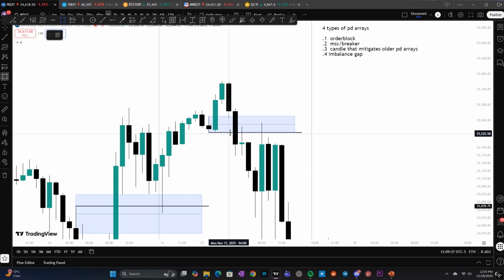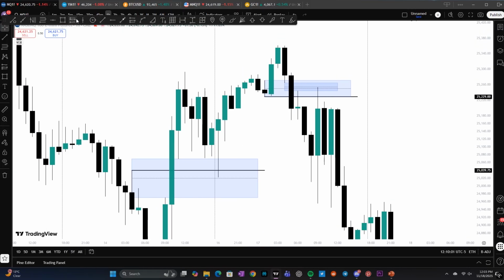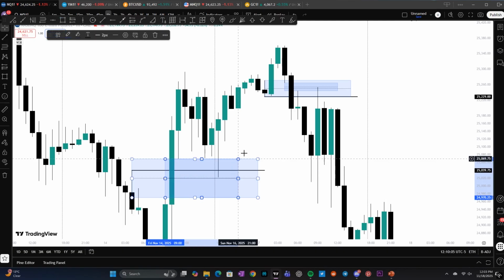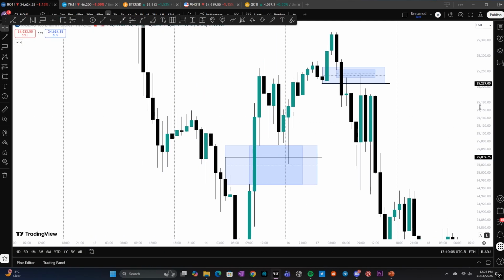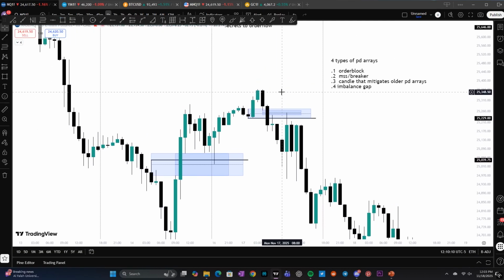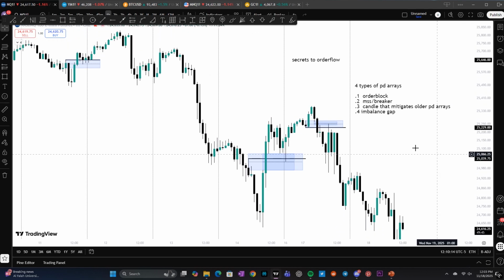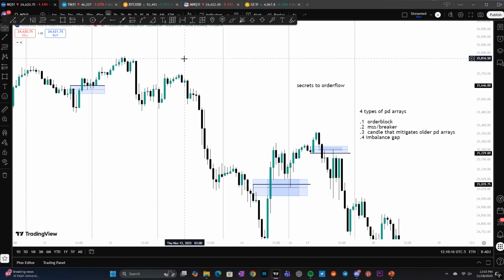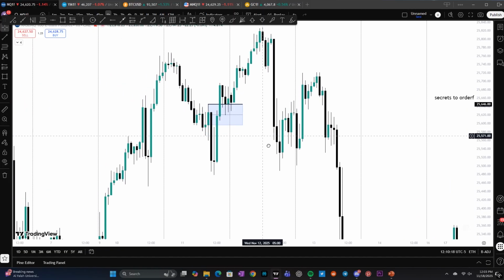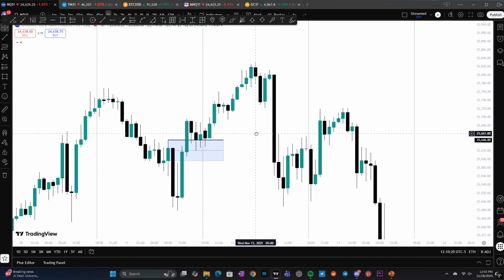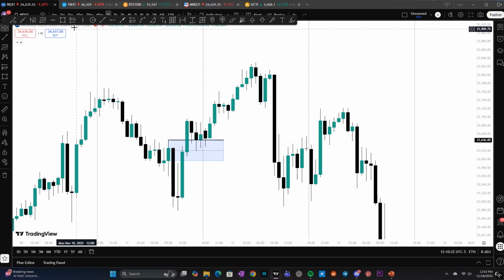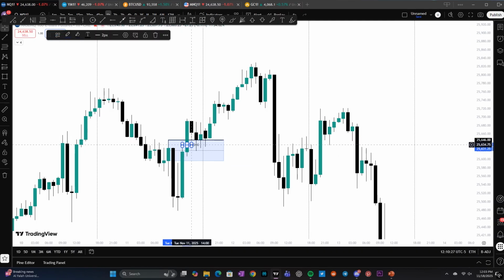As you can see, when the candle displaces, it creates a fair value gap right here too. So it becomes an A plus entry, high probability. As you can see right here too, price displaces through it and creates an FVG right here.